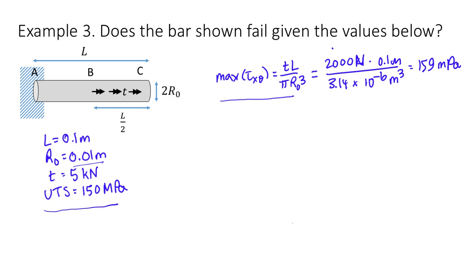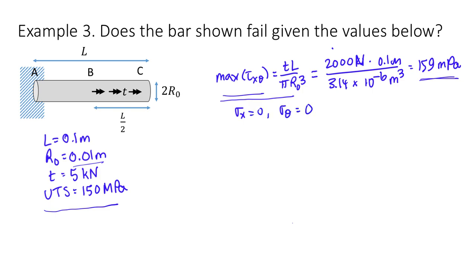So now our job is to compare that state of stress. The state of stress, the maximum at the location on this bar where it's maximum, is pure shear and 159 megapascals. And the fact that it's pure shear reminds us that sigma x equals 0 and sigma theta equals 0.